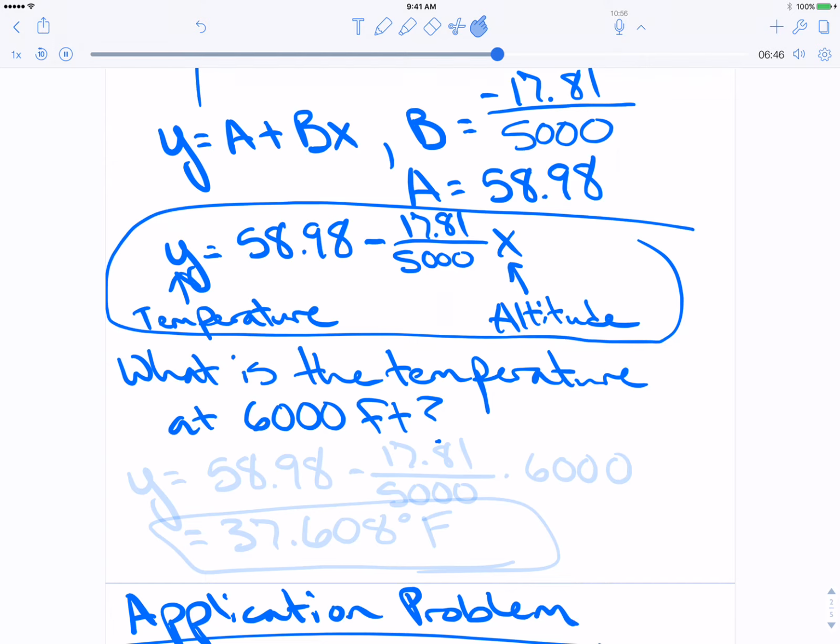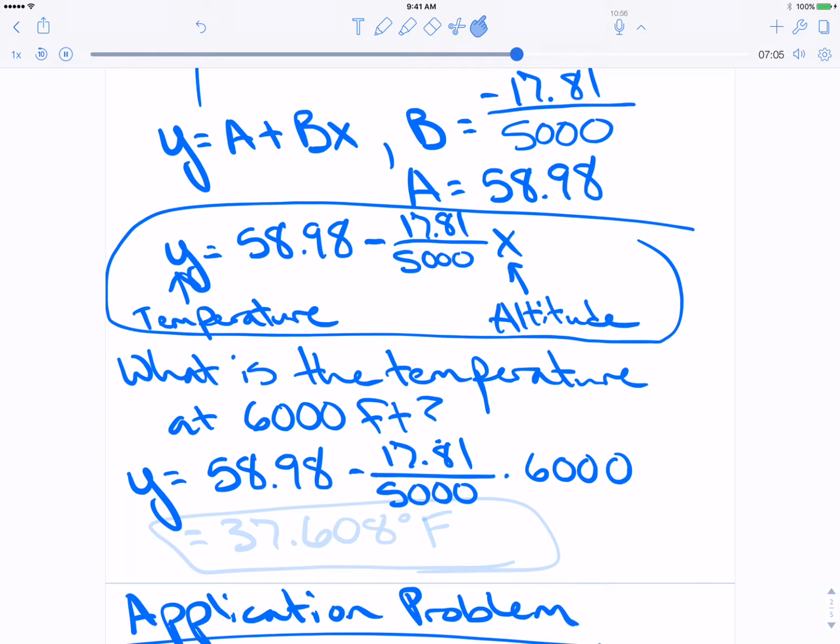So if I substitute 6,000 in for my altitude, then the temperature is going to be given by 58.98 minus 17.81 over 5,000 times 6,000.